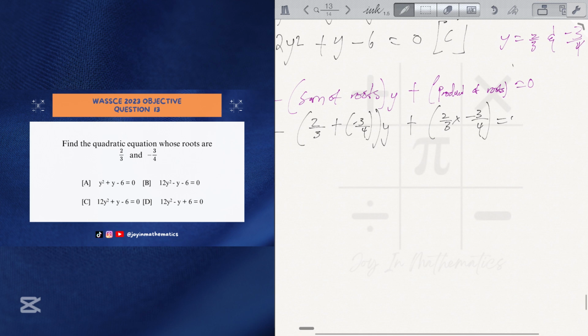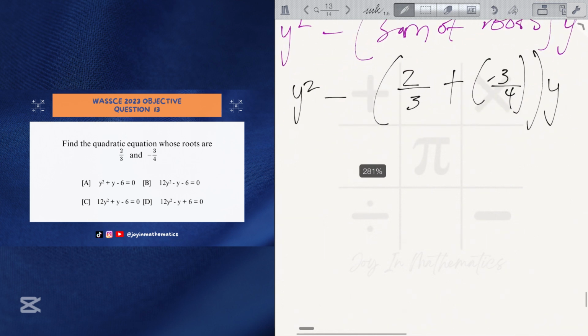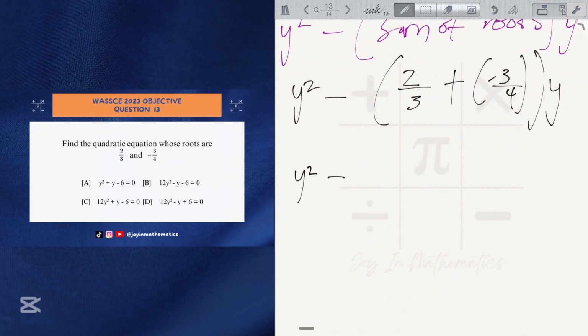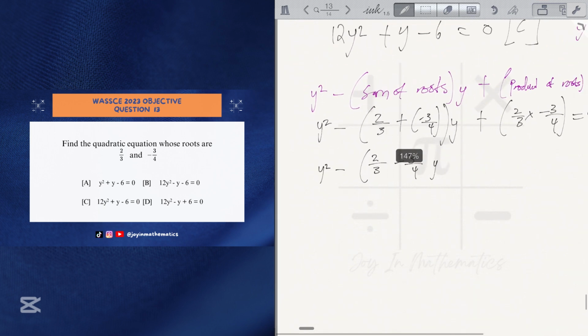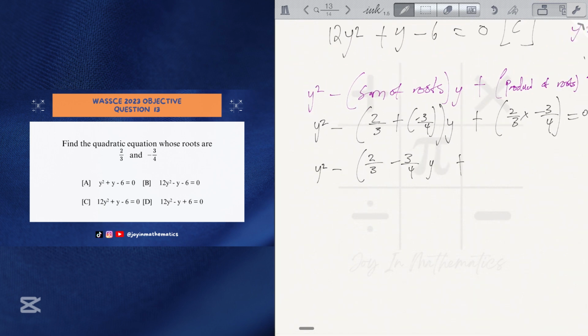When we resolve this, we will have y squared minus 2 over 3 minus 3 over 4 y, and this would result in minus 2 over 4, equal to 0.